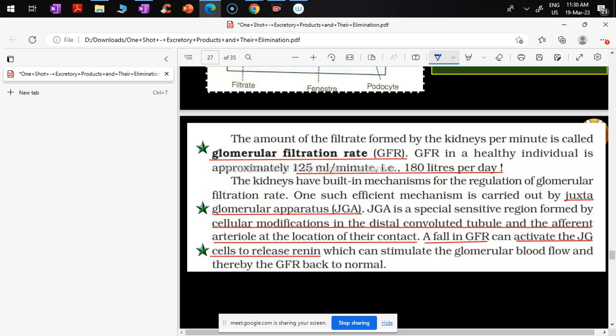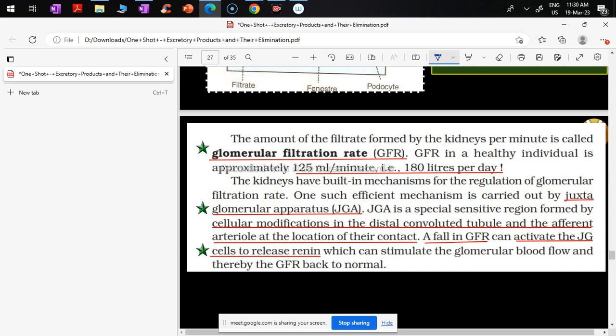The kidneys have built-in mechanisms for the regulation of the glomerular filtration rate. One such efficient mechanism is carried out by the JGA, important, the juxtaglomerular apparatus.